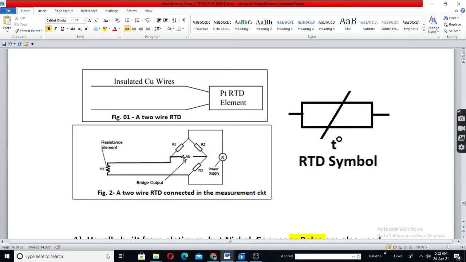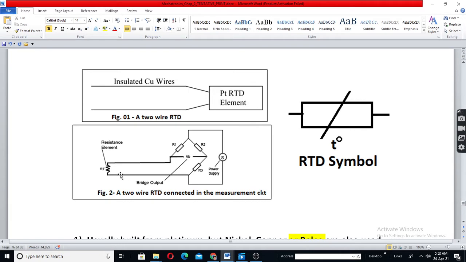You will not be sitting near the furnace. So the connecting lead from here to here may be some 10 meters, 20 meters, or 30 meters. The resistance of these leads will create a small error in the reading.